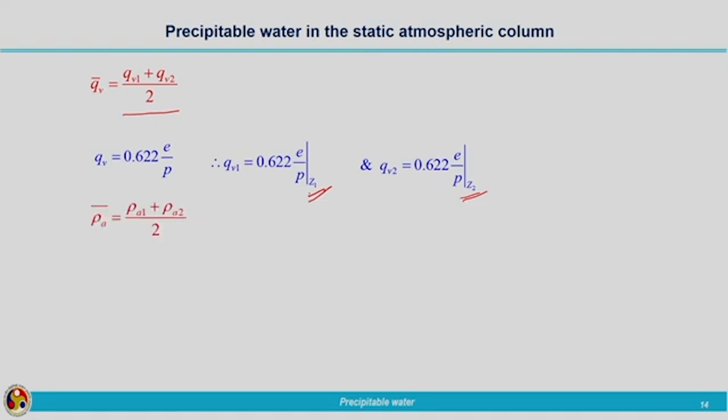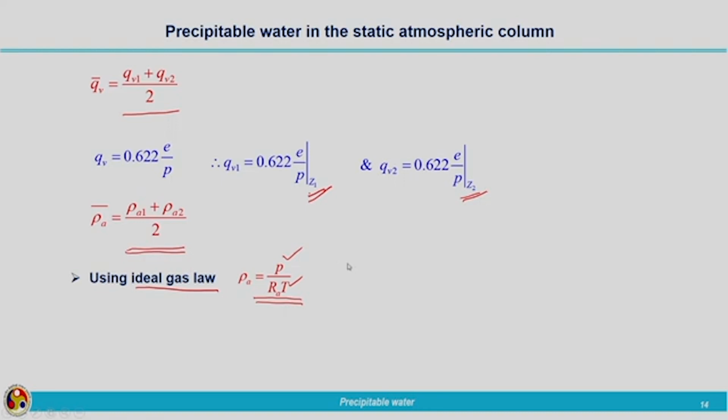Now, coming to rho A bar, it is given by the average value of air density, that is rho A1 plus rho A2 divided by 2. What is rho A1? Using the ideal gas law, we know the air density rho A is P by RA T. This P is known to us, temperature is known to us, and we know the gas constant for air.